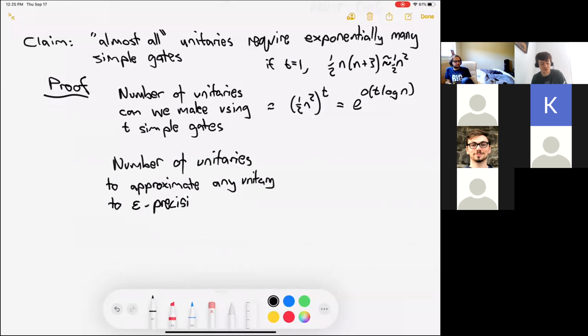So I want all the entries in the unitary to have an error at most epsilon.